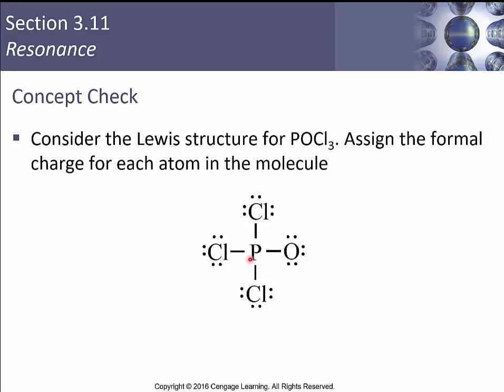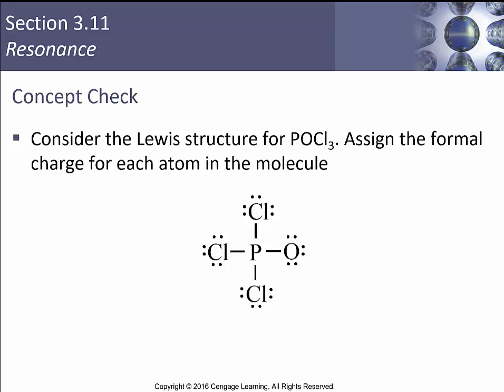phosphorus oxychloride, we can assign formal charges for each atom in this molecule. For the phosphorus, we're going to start off with 5, and we're going to subtract 8 over 2. So 5 minus 4, this one's going to be +1. For this oxygen with a single bond on it, we already did an oxygen with a single bond.